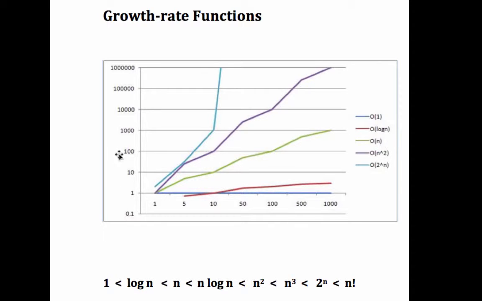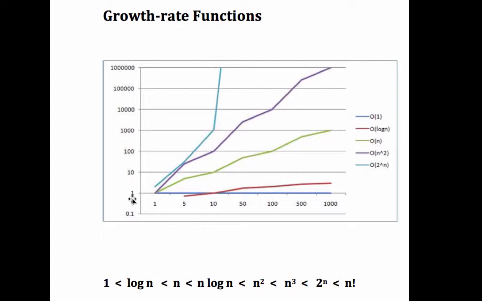The vertical axis gives you an idea of the time that it takes to run a given algorithm. So at this point, it doesn't matter which algorithm was used to generate these growth rate functions. It's just to give you an idea of what happens to the amount of time. And again, this could be milliseconds, or seconds, or minutes.